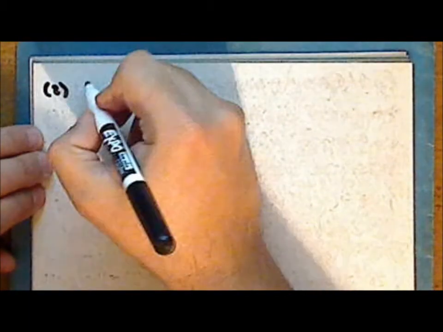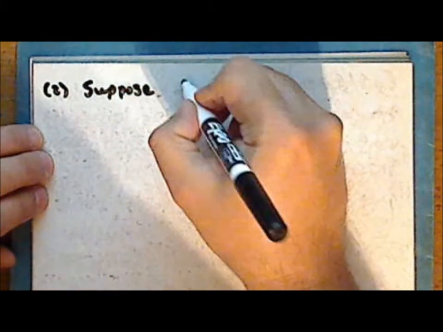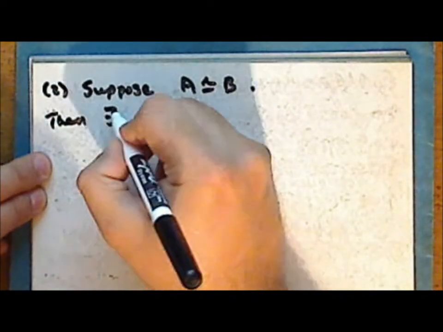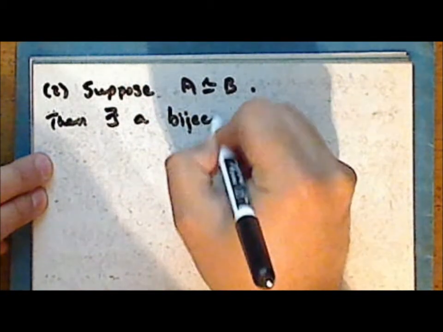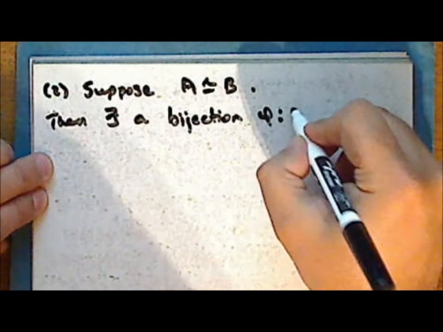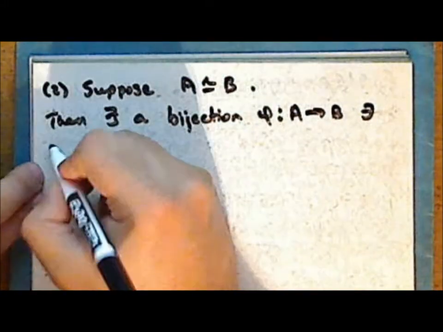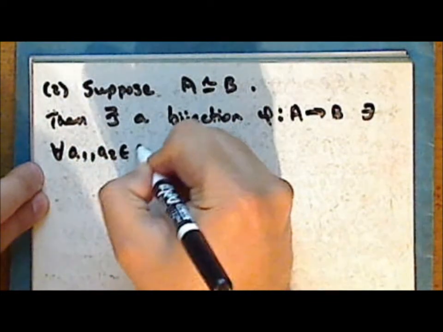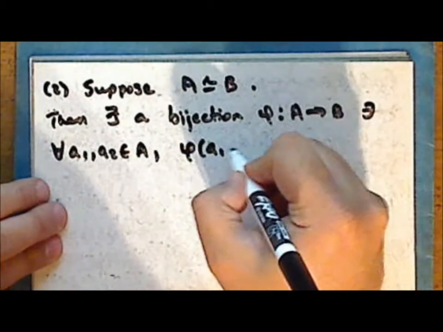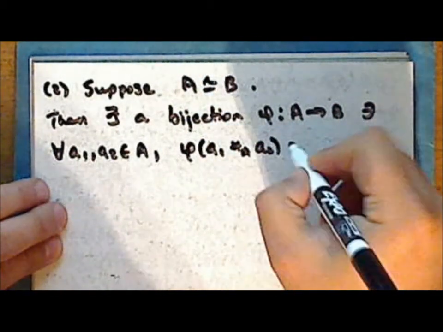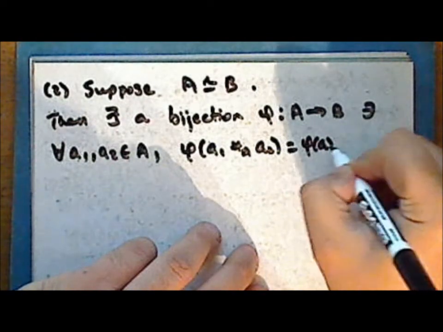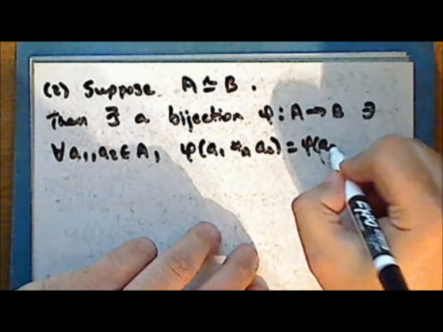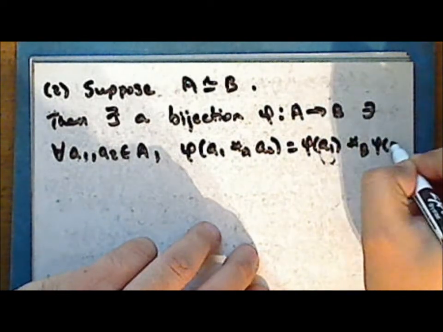All right, so next we demonstrate symmetry. Suppose that A is isomorphic to B. Then there exists a bijection phi from the set A into the set B, such that for every pair of elements A1 and A2 in the set A, phi of A1 star sub A A2 is the same as phi of A1 star sub B phi of A2.